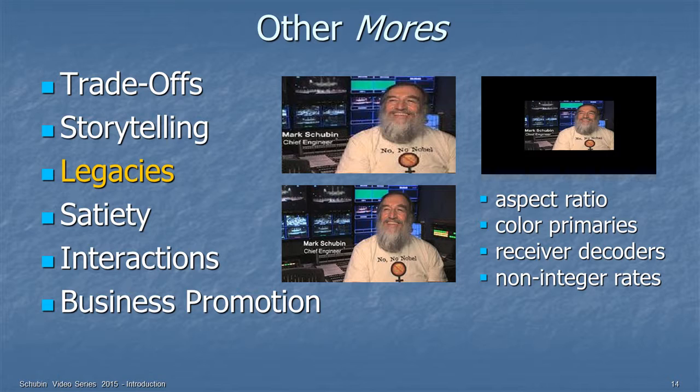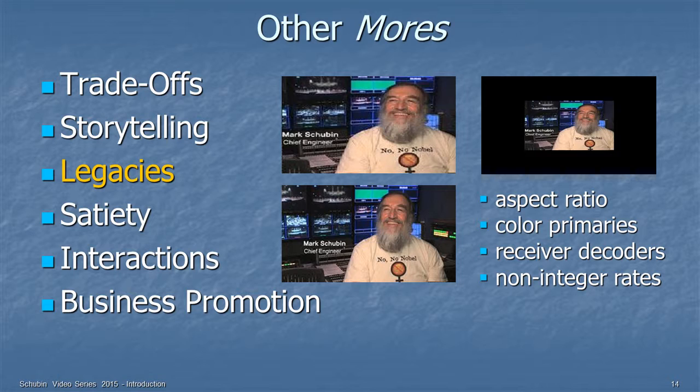Some of the other mores, there's the issue of legacy. Here you see an image of me from a little teaser that was broadcast about a show that I worked on. The bottom left image is the correct one, but the top left one is fairly common on widescreen TV sets that are getting a 4:3 signal, one that's chopped off. And then the top right one is something that you sometimes even see, a postage stamp version that's both the wrong shape and the wrong size.